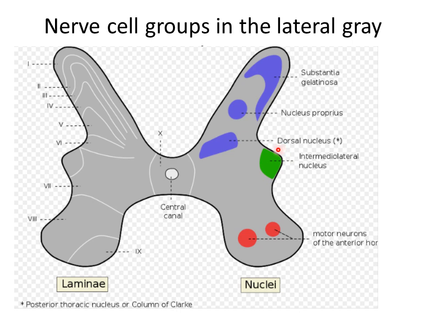The cells are relatively small and give rise to preganglionic sympathetic fibers. A small group of cells found in second, third and fourth sacral segments of the spinal cord give rise to the preganglionic parasympathetic fibers. So, sympathetic and parasympathetic fibers arise from these nerve cell groups in the lateral gray column.